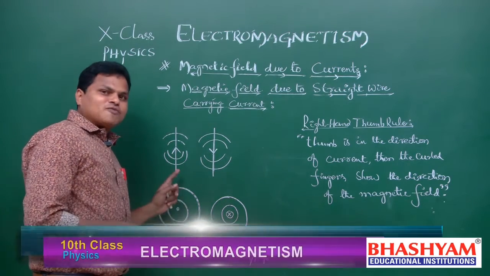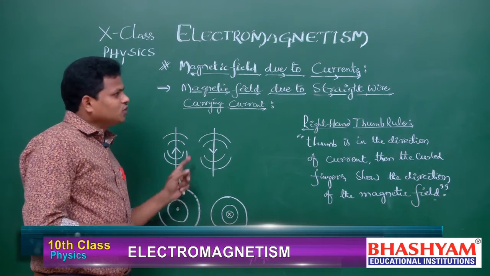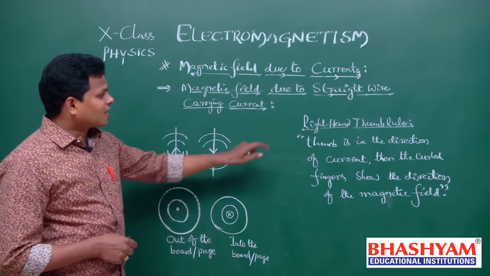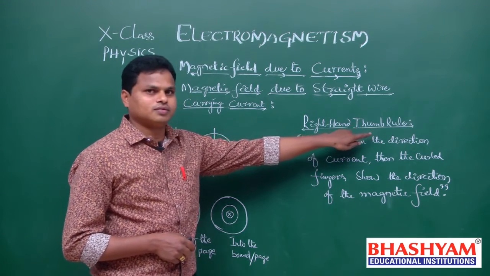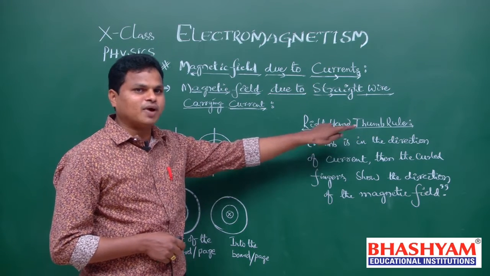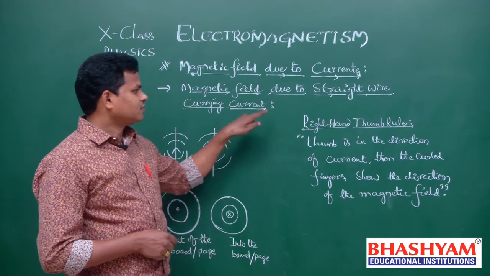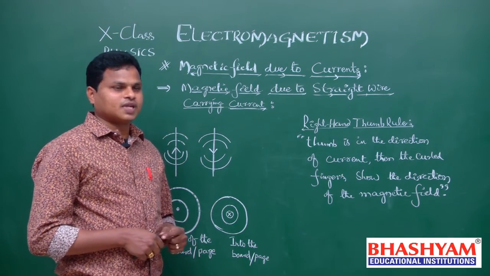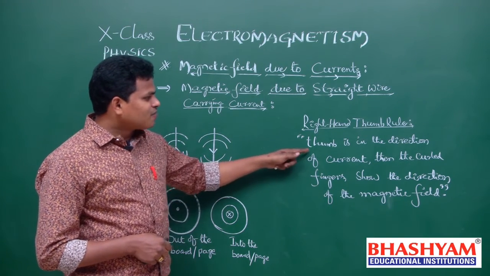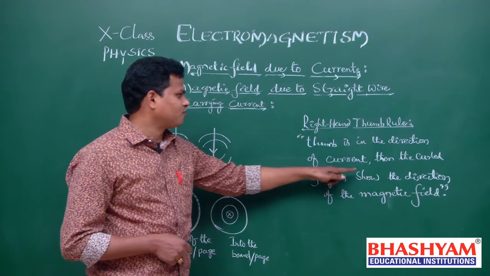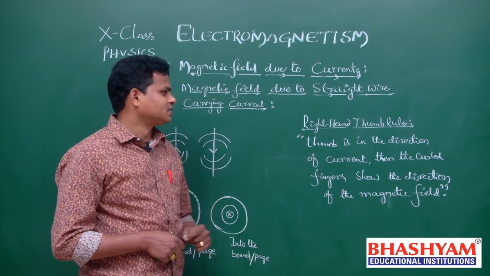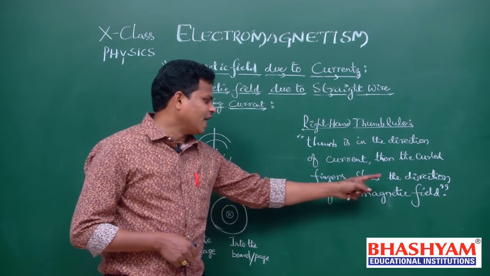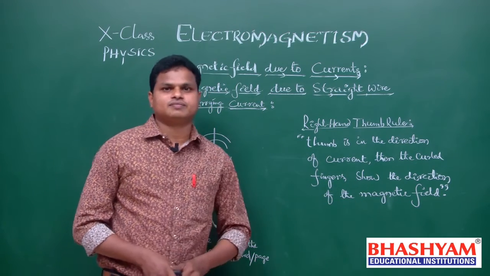The direction of the magnetic field due to the straight wire is determined by the right hand thumb rule, which determines the magnetic field around the wire. It states that if the thumb is in the direction of current, then the curled fingers show the direction of the magnetic field.